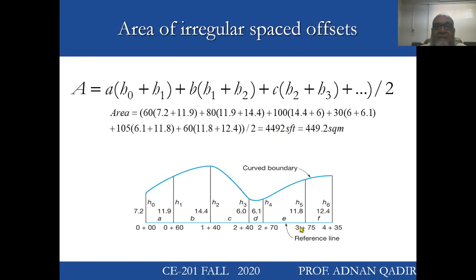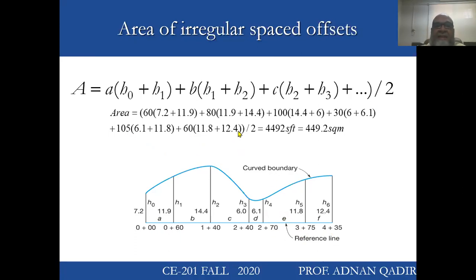Then 375 minus 270. Some students get confused by the plus sign, just ignore that sign. So 375 minus 270 becomes 105, and I'll add 6.1 and 11.8. And last but not least, 435 minus 375 makes 60, and 11.8 and 12.4 are added.